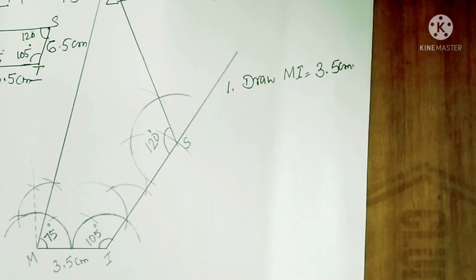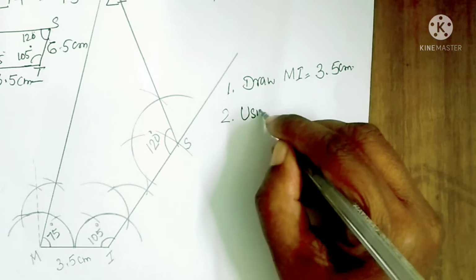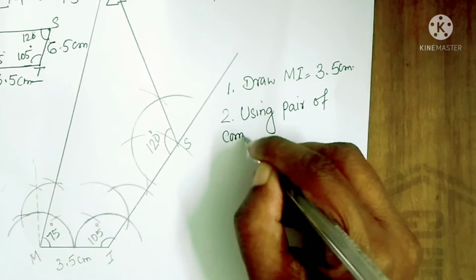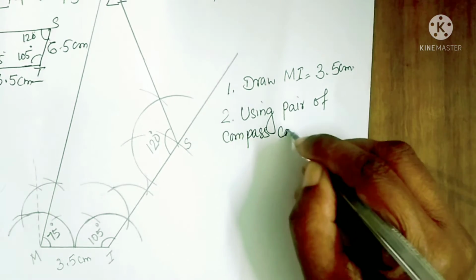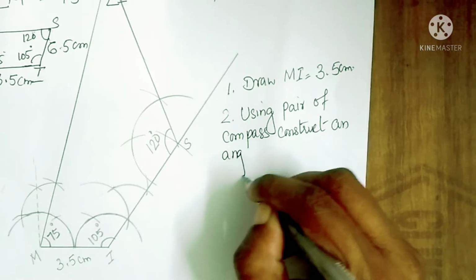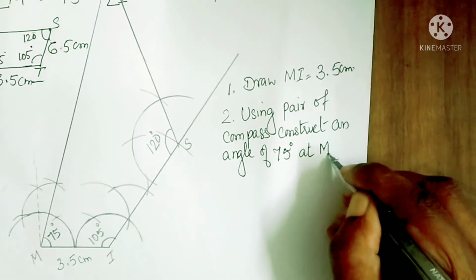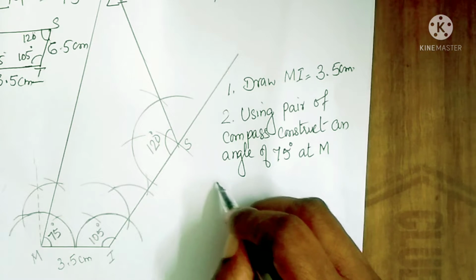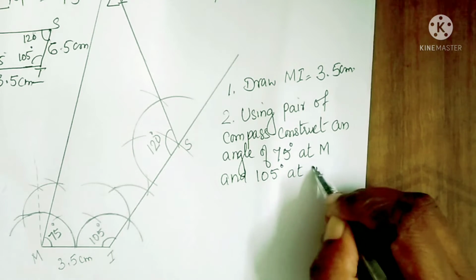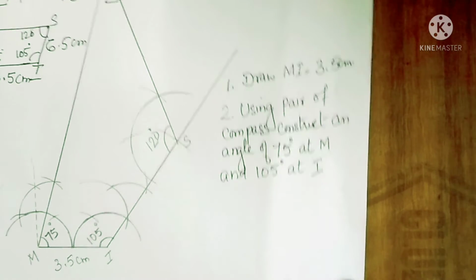So our first step was draw MI, and then using a pair of compass, construct an angle of 75 degree at M, and then 105 degree at I. If you want, you can write it as a separate step, construct 105 degree at I. And then what did we do?